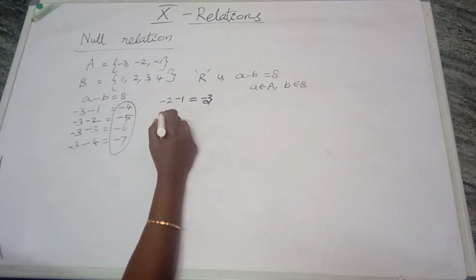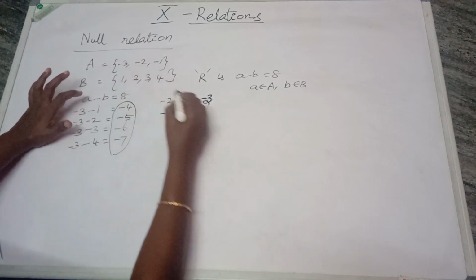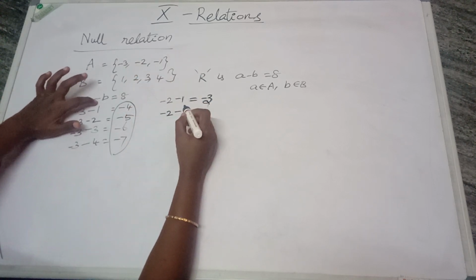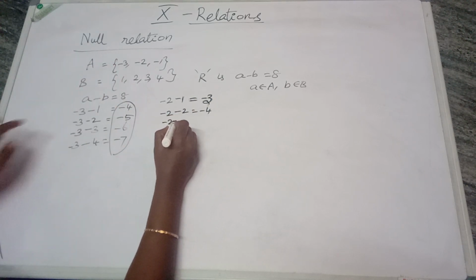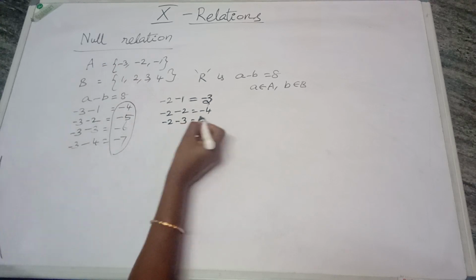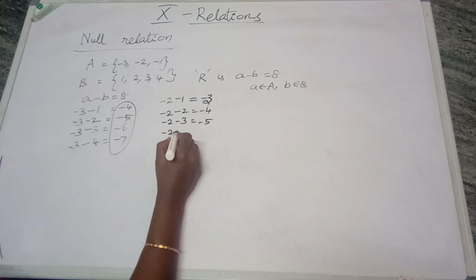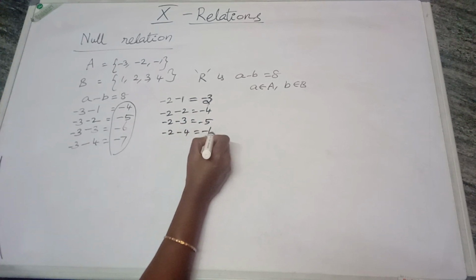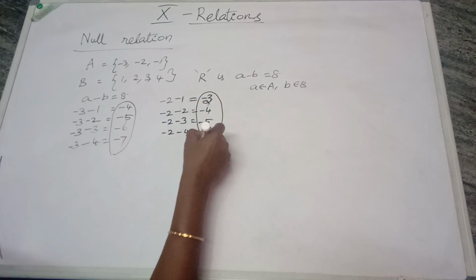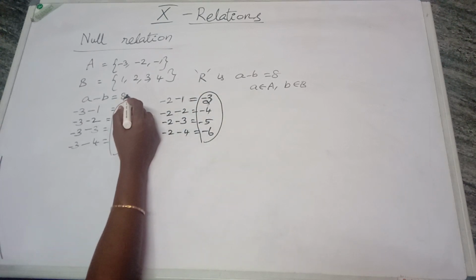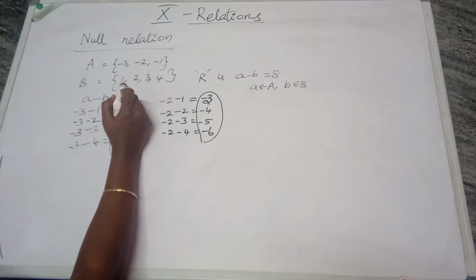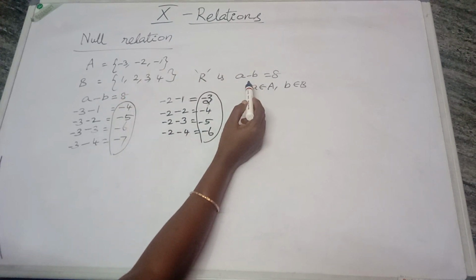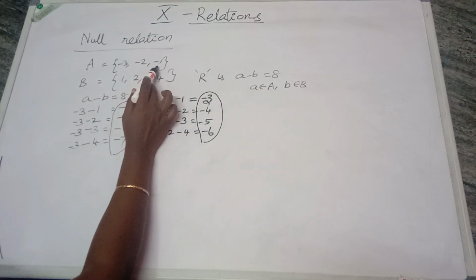Taking the second element, it is minus 4; taking minus 3, it is minus 5; and minus 2 minus 4 gives minus 6. This result is also not equal to 8. So minus 2 is also not related to any element in set B by satisfying this condition. Then we move on to the third one, minus 1.